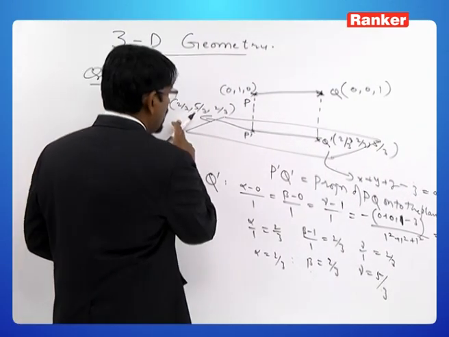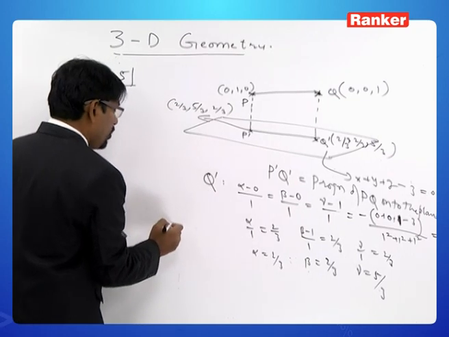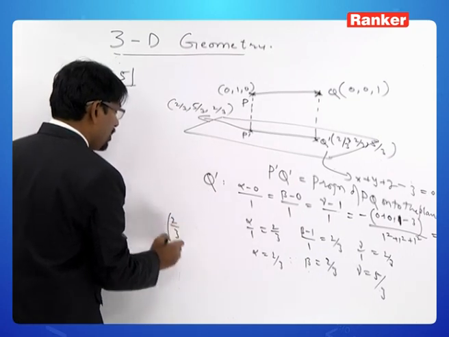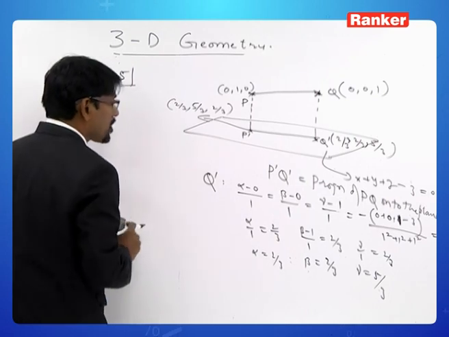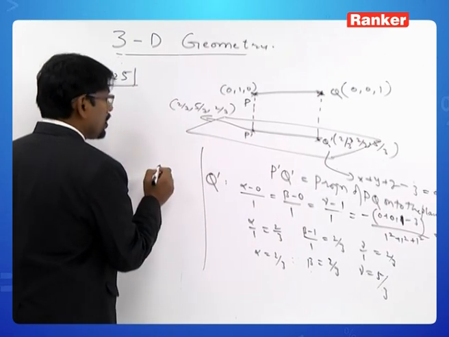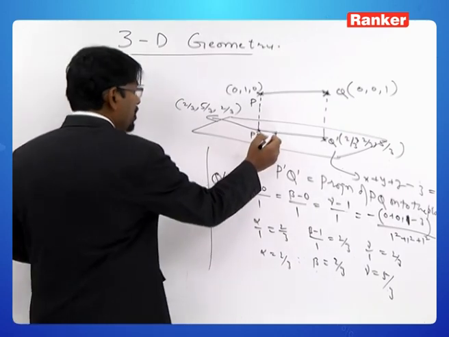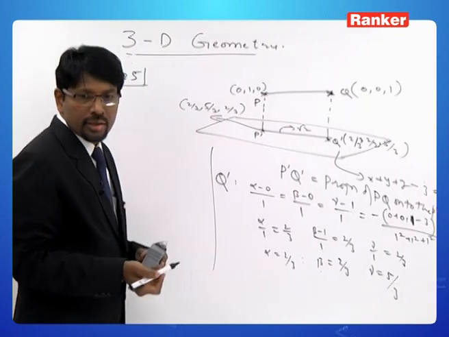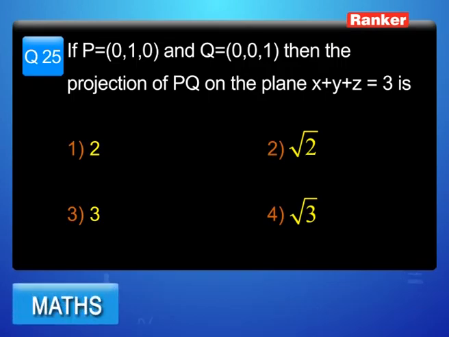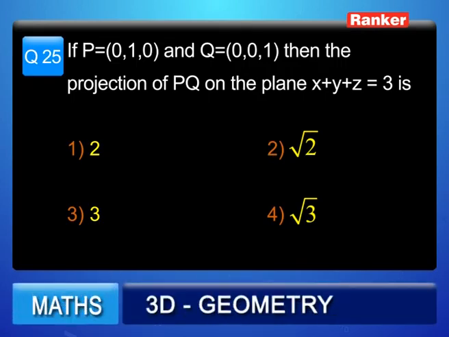The distance is clearly 2 by 3 minus 5 by 3 whole square, so that's 1 square plus 1 square under root, that is root 2. Clearly P dash Q dash is root 2. We can just use the distance formula and that is clearly root 2. Therefore, the right option is option 2.